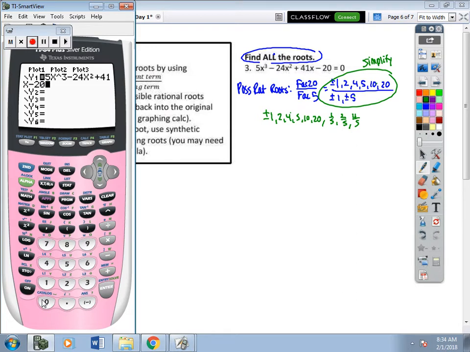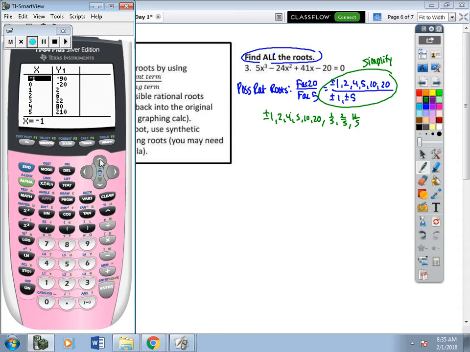The table is going to be the fastest way for you to quickly scroll and see without having to type each one in separately like Abby was talking about, but that works really well for the fractions. I'm glad she mentioned it. Now my table is set back at 1/3 because I messed with it last time. So I'm going to go back to my table set. I'm going to change my starting number to an actual whole number, which is -1, and change my delta table, which is what you're counting by, to 1, and then go back there.